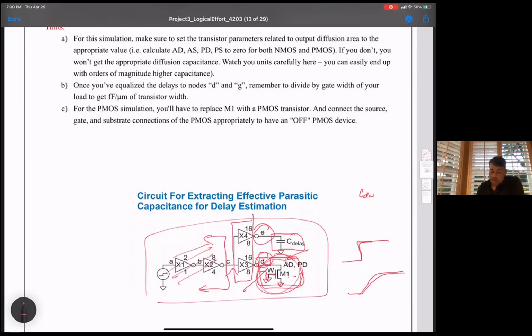For the PMOS, you make your PMOS off, connect it like this, and connect this point to D. Just make sure you've got the substrates connected there as well. So that's that.